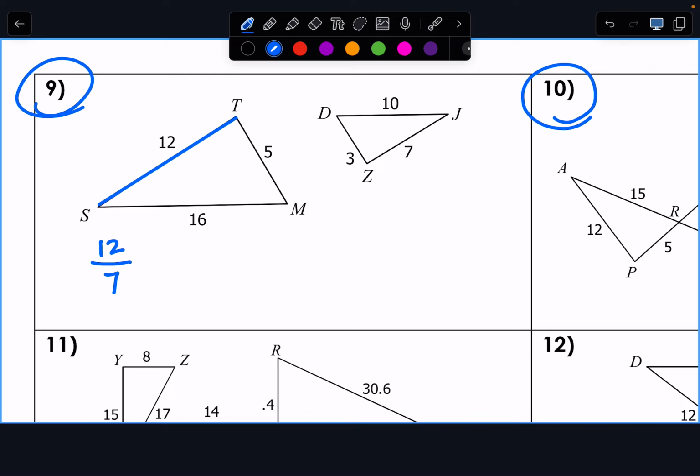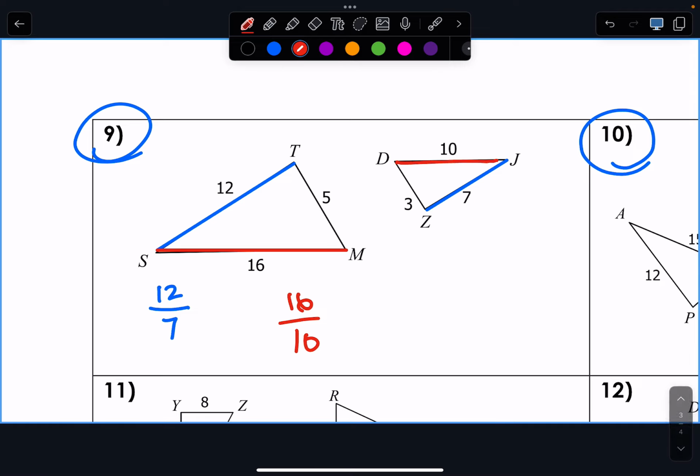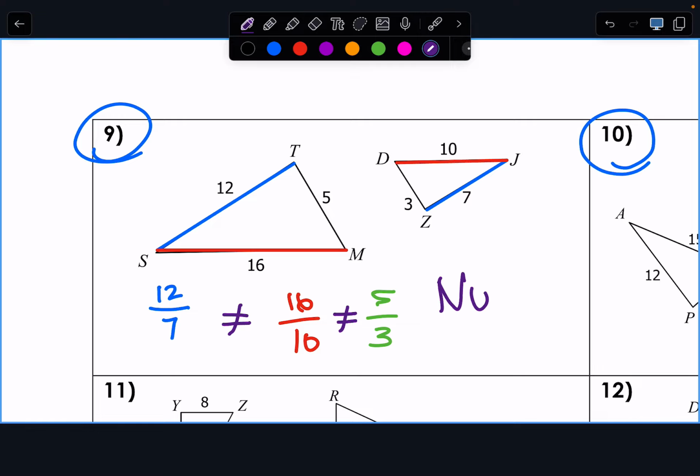One triangle is dilated and rotated. What about 16? 16 over 10, and then 5 over 3. You're telling me that these don't equal? Not even 2 of them equal? Okay, they're not similar.